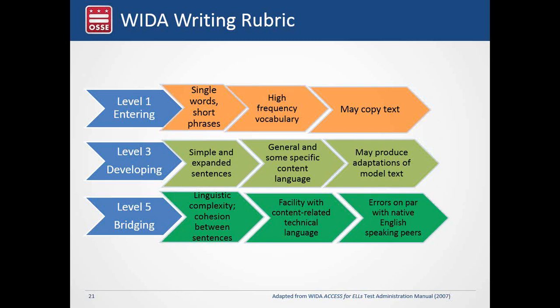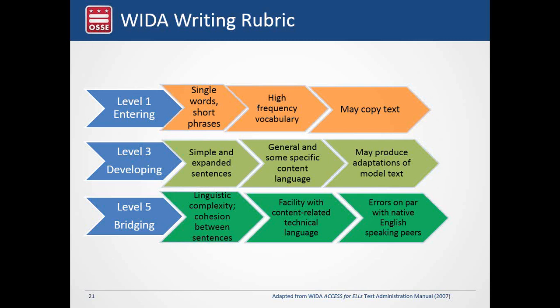For now, you can see a snippet of what's expected, or what students can do at levels 1, 3, and 5. You'll notice that they can do less at level 1, although they still should be able to produce single words, routine or high-frequency vocabulary. And when it comes to writing, it's okay and normal for them to copy text.